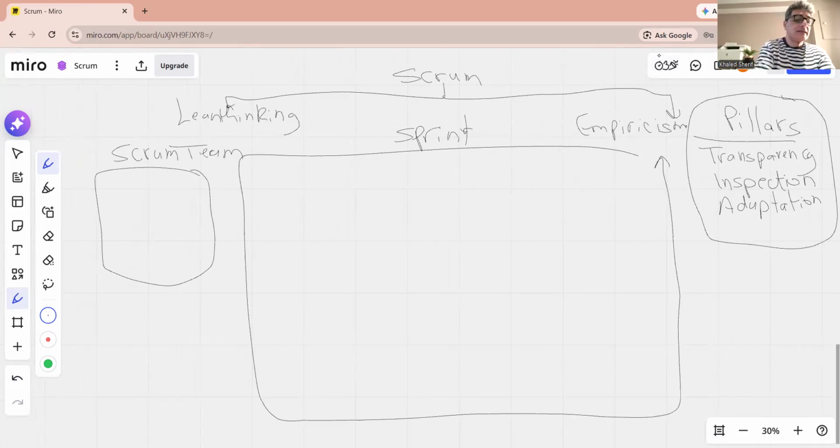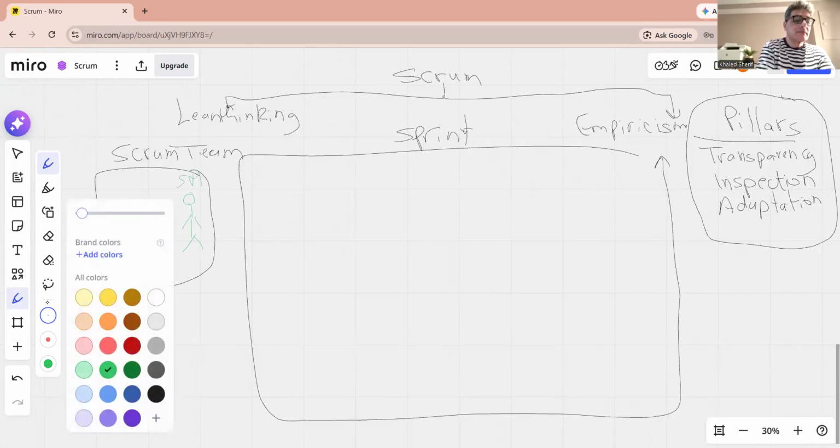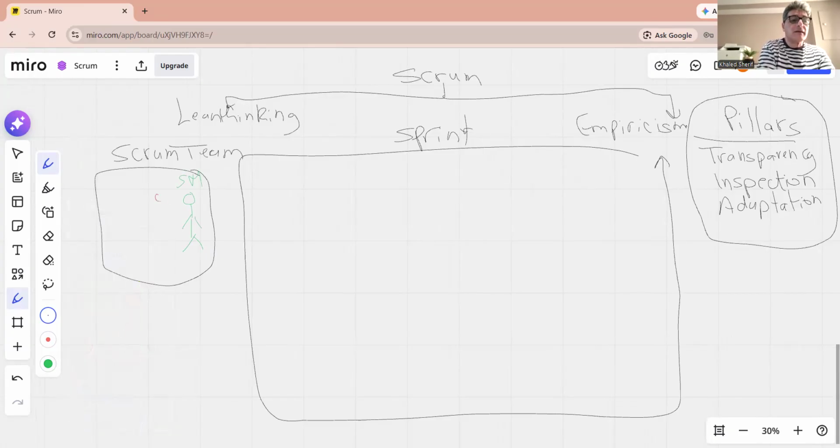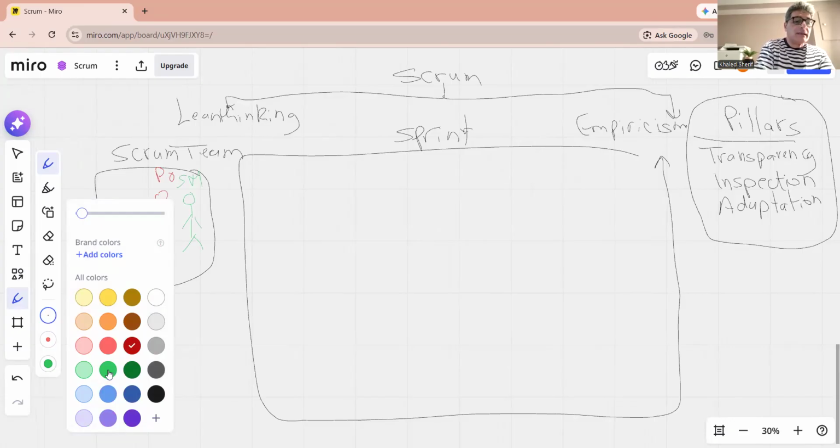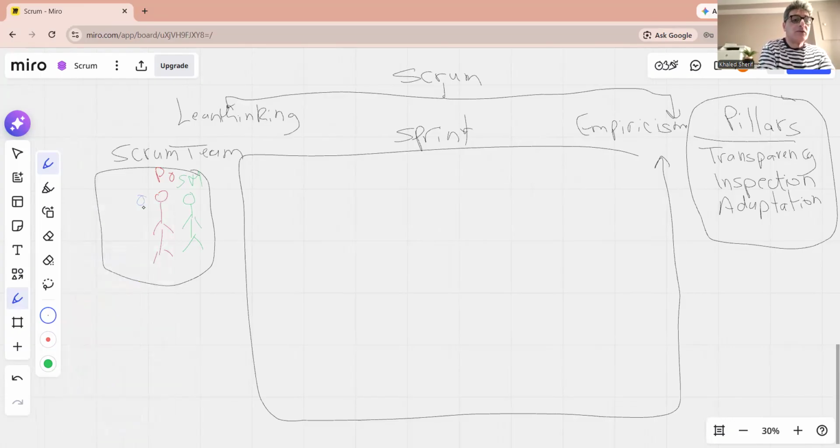A Scrum team, as we said, is a small group of 10 people or less. Each Scrum team should have a Scrum Master, a Product Owner, and a group of developers.